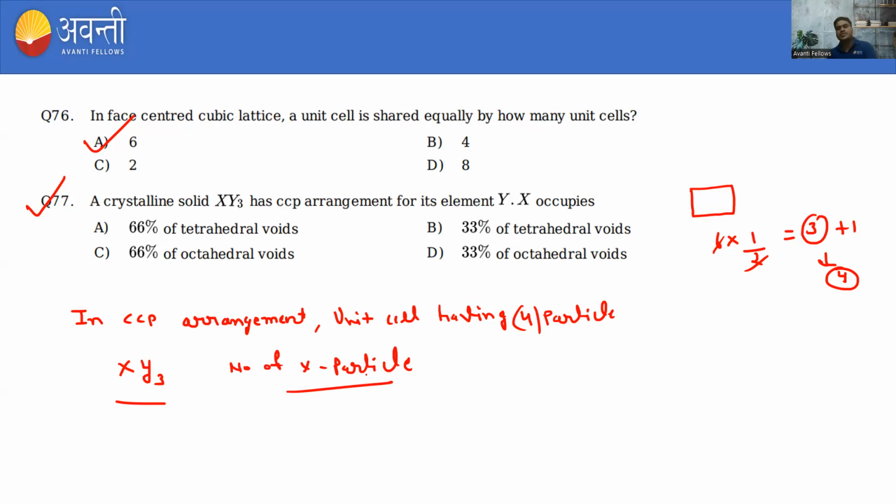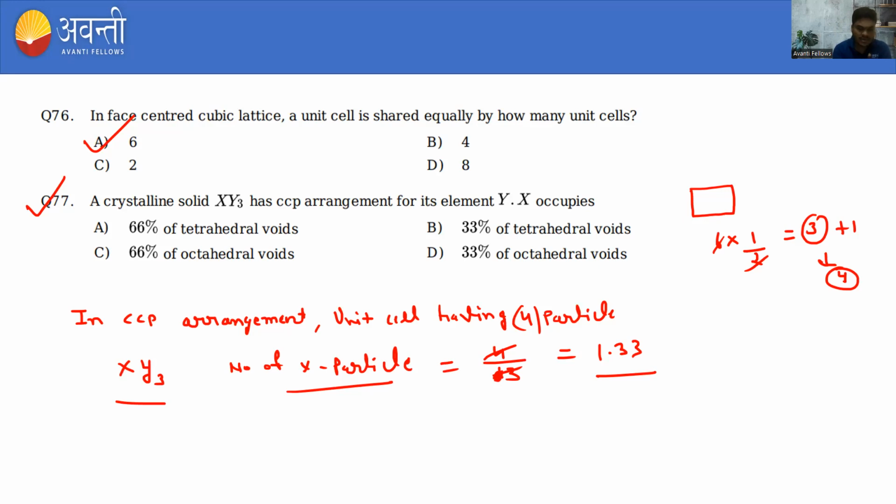Because in the CCP arrangement the unit cell has four particles, and the formula is given as X Y cube, the number of X particles is equal to 4 upon 3. On solving, you'll get 1.33.